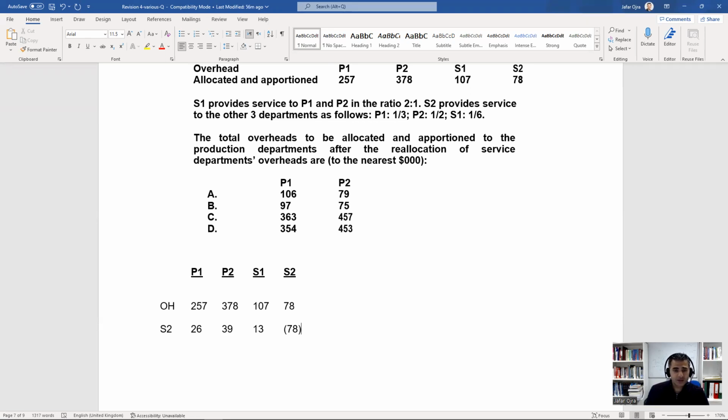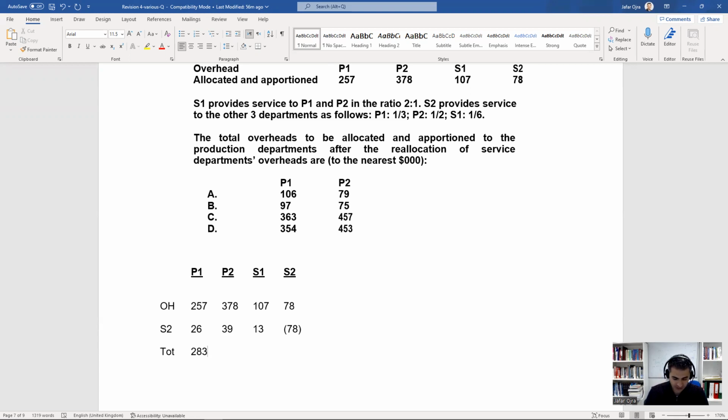So now, what is the total right now? The total for P1 so far: 257 plus 26 equals 283.